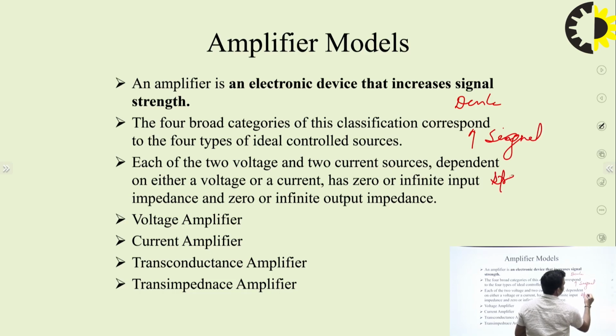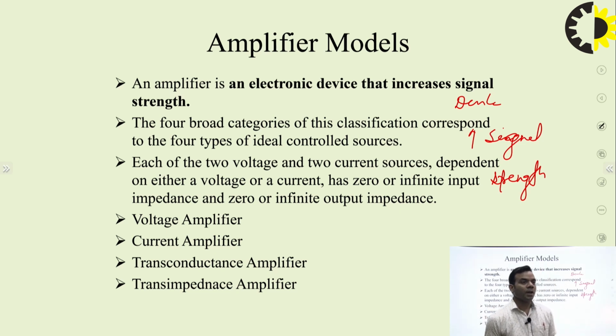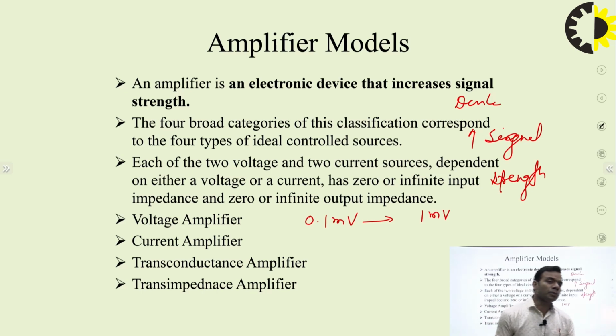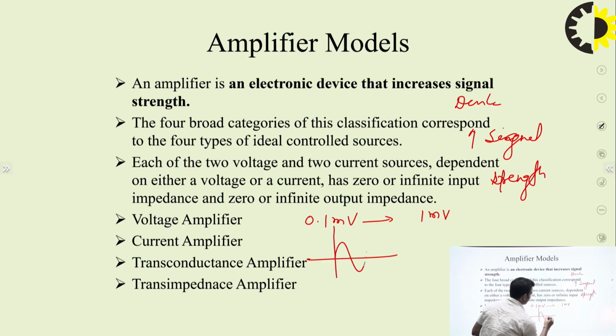For example, if you have a signal of 0.1 millivolt and somehow it can be increased by some device to 1 millivolt, 2 millivolt, 10 millivolt, whatever, but the output is more than the input, then this type of device is known as an amplifier device.